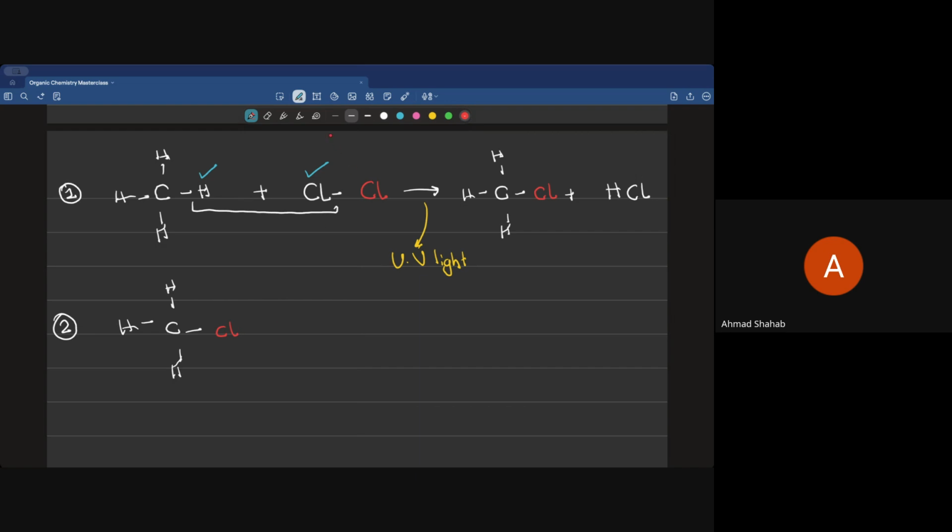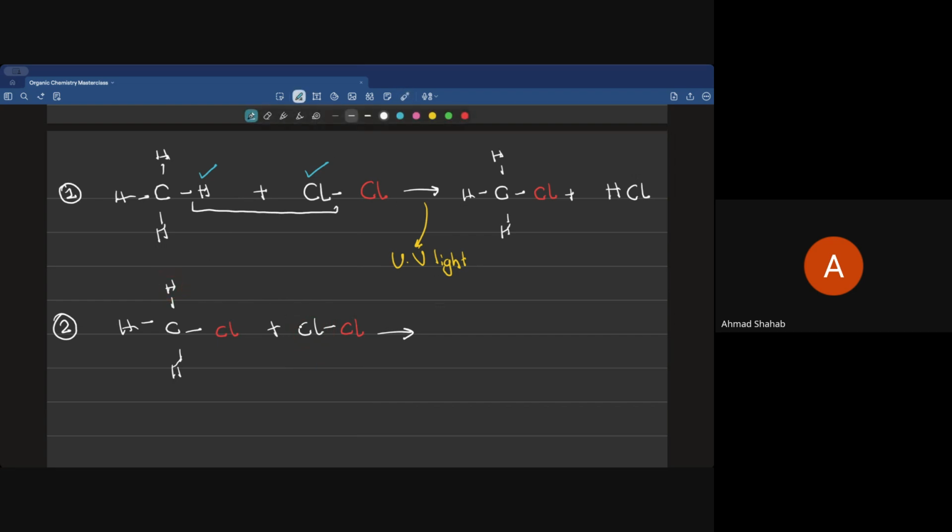Okay, and it reacts with the chlorine molecule again. अब होगा ये, for example, this chlorine has to take one of the hydrogen atoms with it. For example, ये वाला ले लेती है, right?